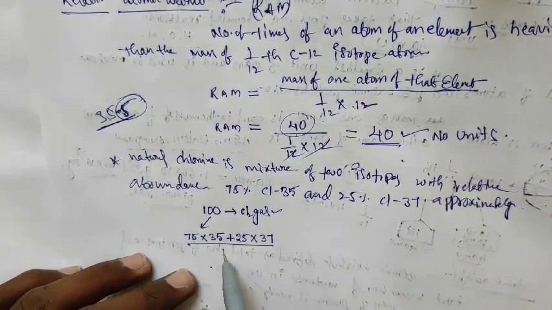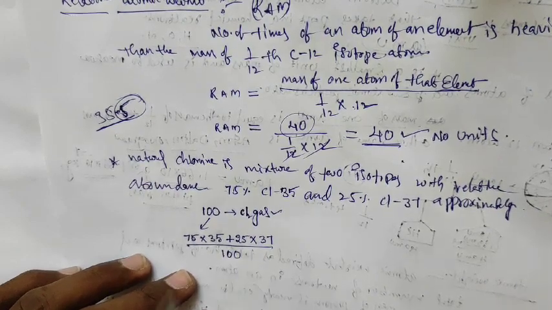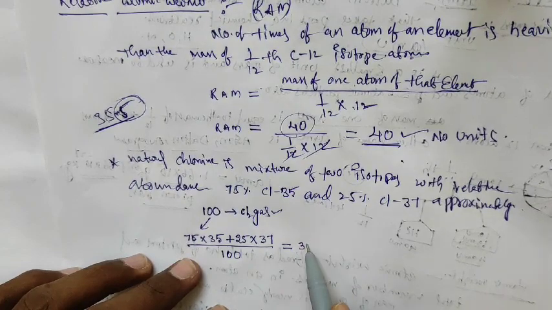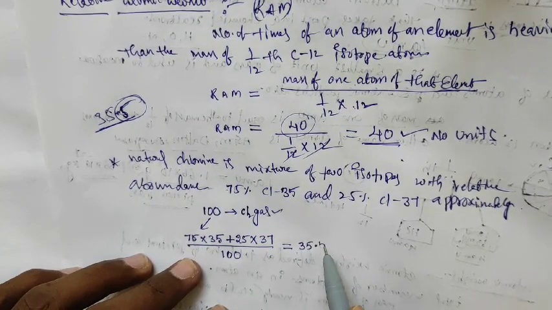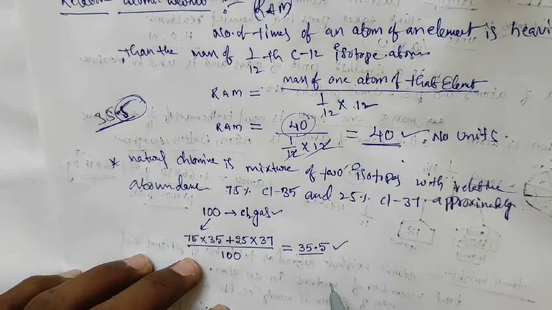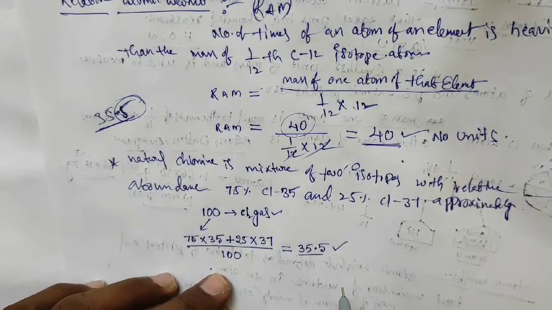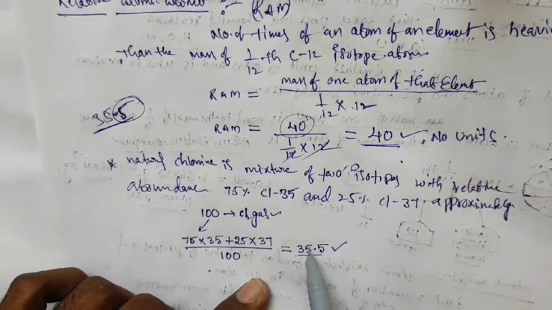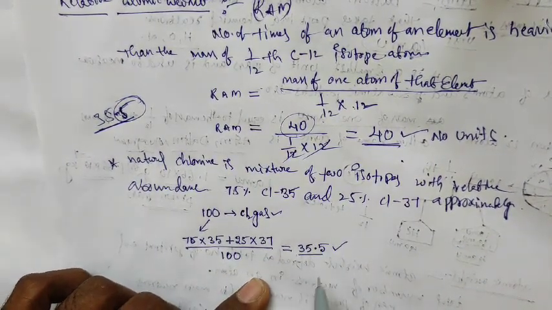Divided by the total number of atoms, how much average? 100 atoms, no? We will get exactly 35.5. This is how the atomic masses of all the elements are calculated, so for naturally occurring chlorine we get 35.5.